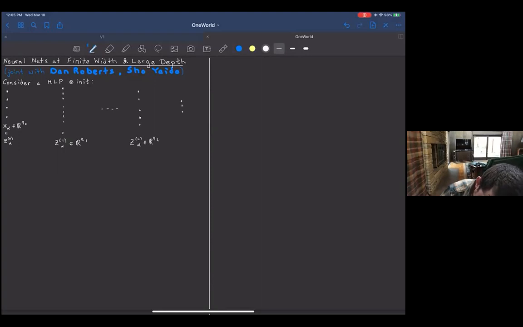Then I have some vector of readouts, which is z^{L+1}_alpha in R^{n_{L+1}}. It's a little unusual, but my subscript alpha denotes which input to the network I'm studying. Because this network is at initialization, the weights and biases are going to be random.